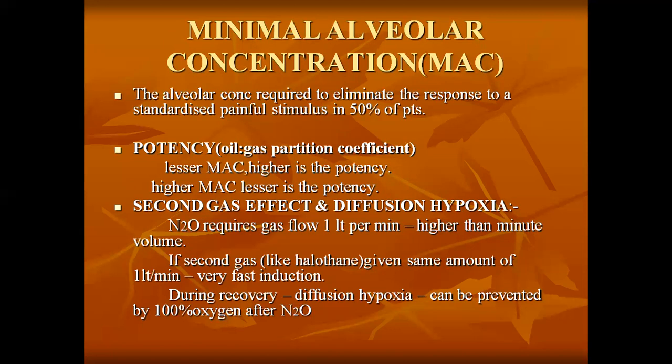So minimum alveolar concentration is the minimum concentration of the anesthetic in the alveoli required to produce immobility in response to painful stimulus in 50% of patients. It indicates the potency of inhalational general anesthetics.